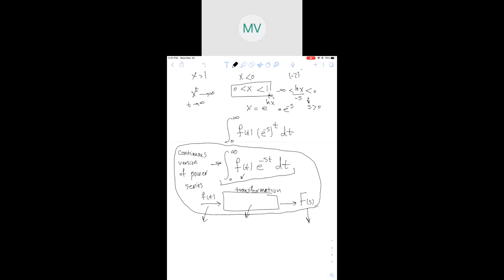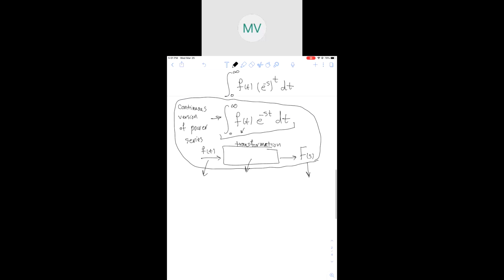Now let me tell you one simple application. Suppose this is the space of all these functions, all the f of t's. And on this side you have all the Laplace transformations, the functions F of s.